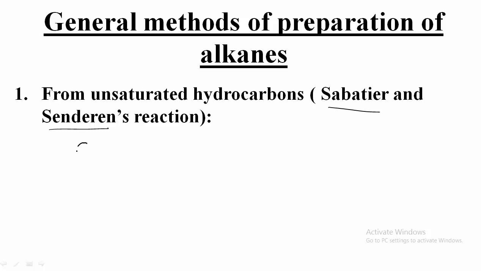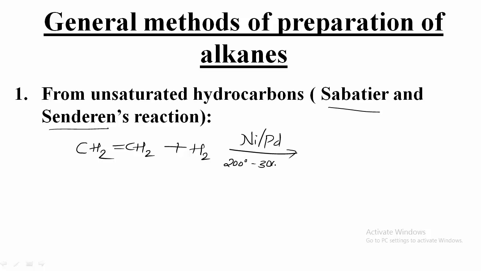If we take an alkene, that is CH2=CH2, upon hydrogenation, that is addition of hydrogen, in the presence of a catalyst, which may be nickel, palladium or platinum, and the temperature maintained at around 200 degrees Celsius to 300 degrees Celsius, the alkene gets converted into alkane, CH3-CH3.